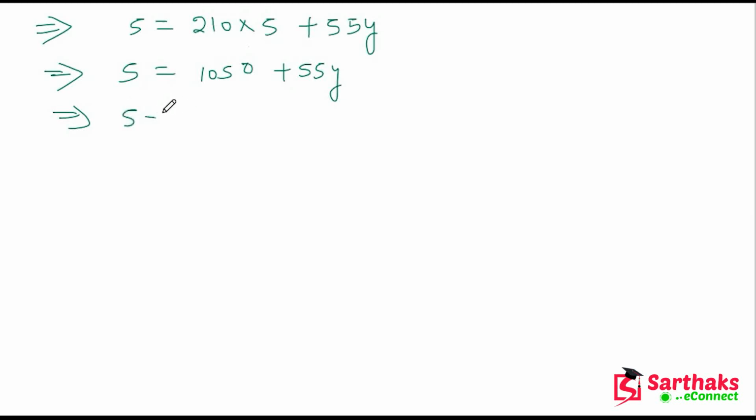So 5 minus 1050 is equal to 55y. If we subtract 5 minus 1050, it will become minus 1045, equal to 55y.